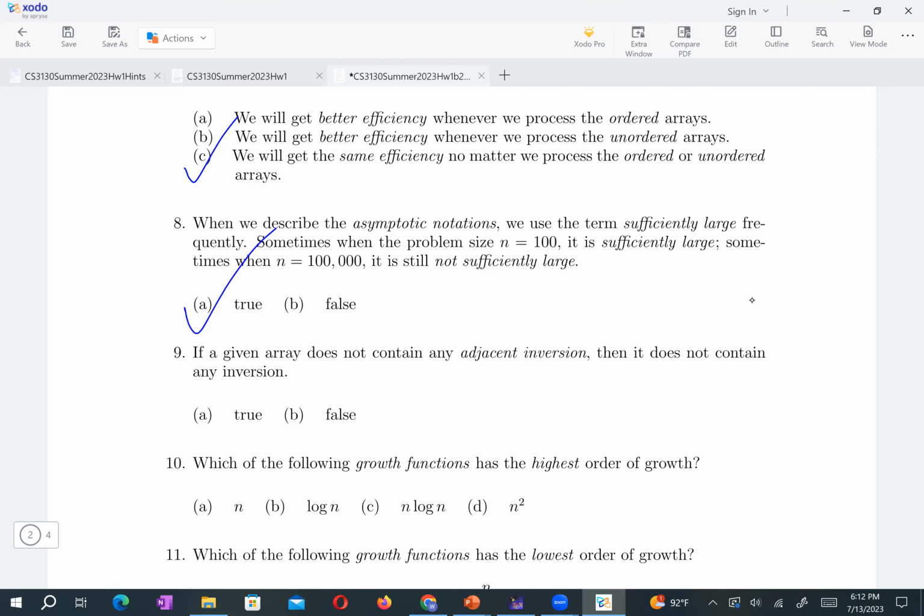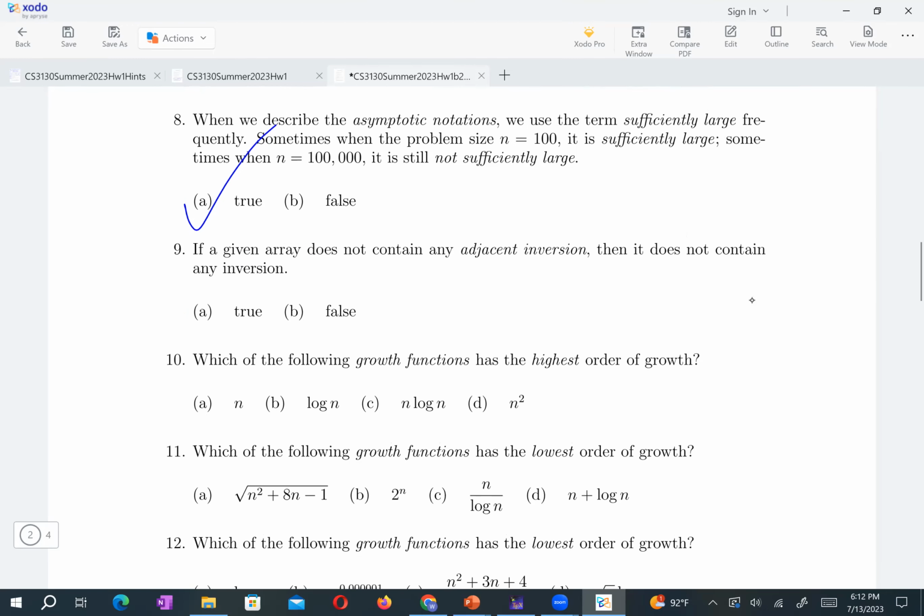In the real world, we know sometimes a large number is probably not sufficient and sometimes a small number is sufficient, depending on the different things you do. That's your real world experience. Here is a similar situation. Many times when we answer questions, we rely on our real world experience. All right. Number 9.